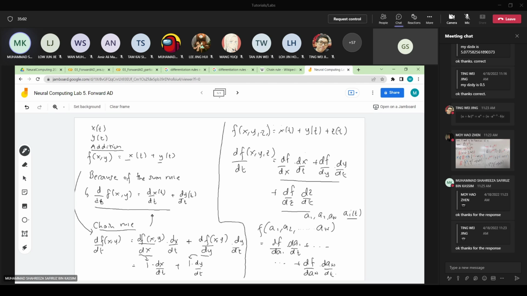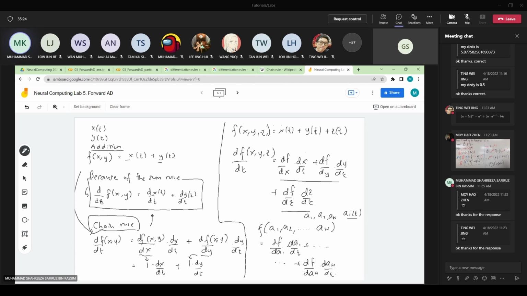Okay, so we have become accustomed to that. If you are given a differentiation, then you apply the differentiation rules, but in some way, you can also derive them from the chain rule in the case of multivariable functions.